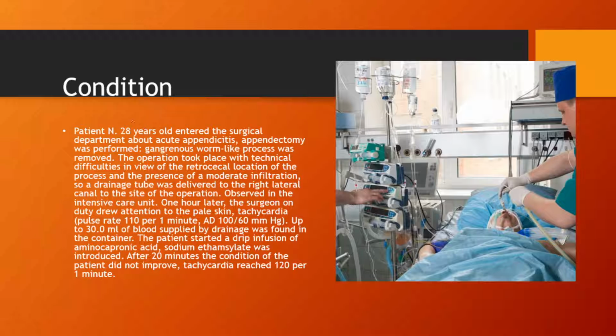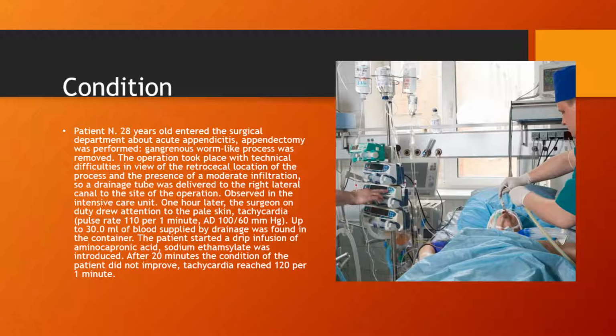Third case. A patient 28 years old entered the surgical department with acute appendicitis. Appendectomy was performed, a gangrenous appendix was removed. The operation took place with technical difficulties in view of the retrocecal location of the appendix and the presence of a moderate infiltration. A drainage tube was delivered to the right lateral channel to the site of the operation.